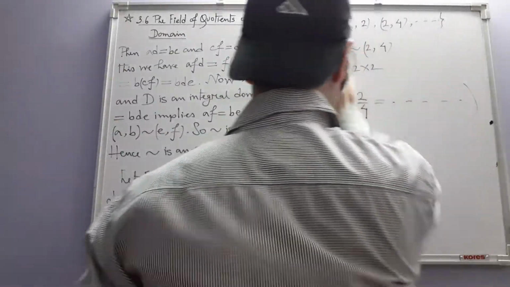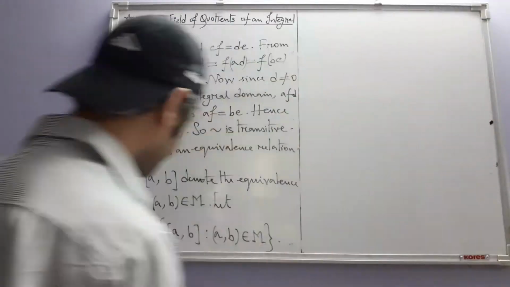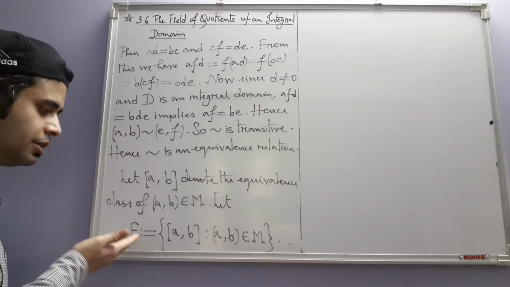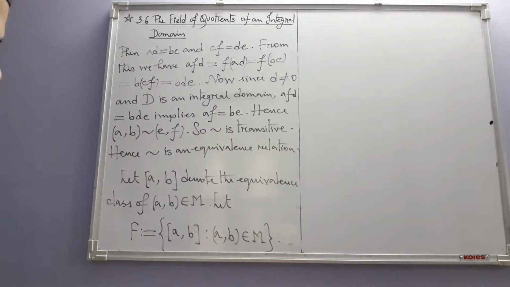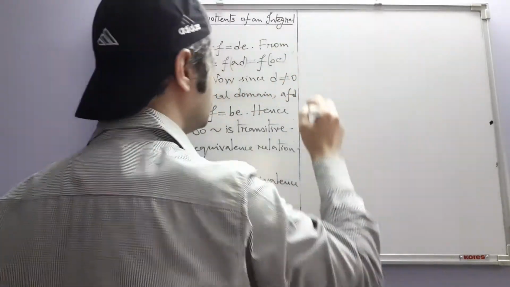Okay. So now next, to prove that F is a field, naturally the first thing is that we have to define addition and multiplication. That's what we are going to do.